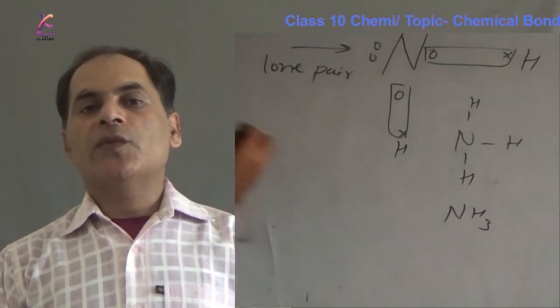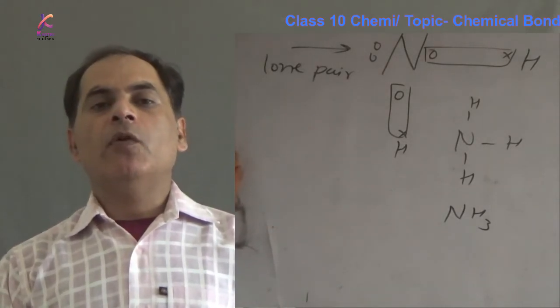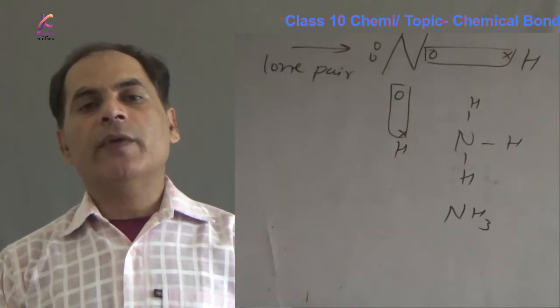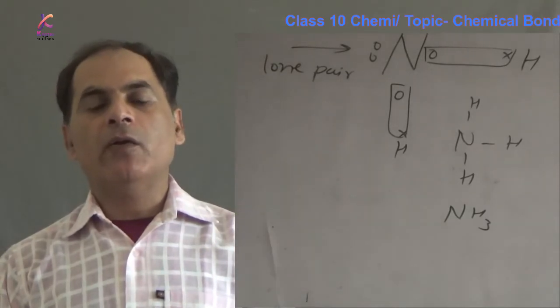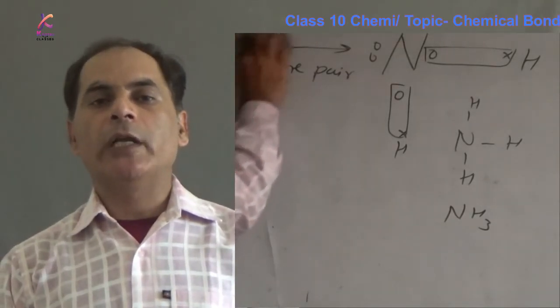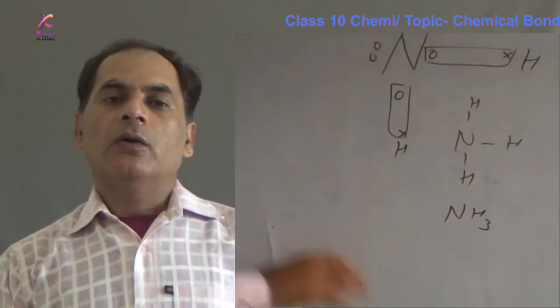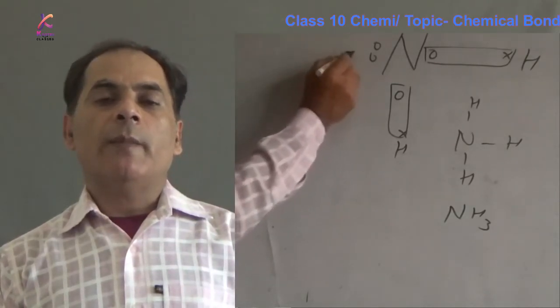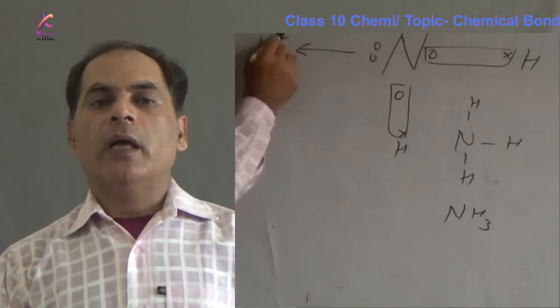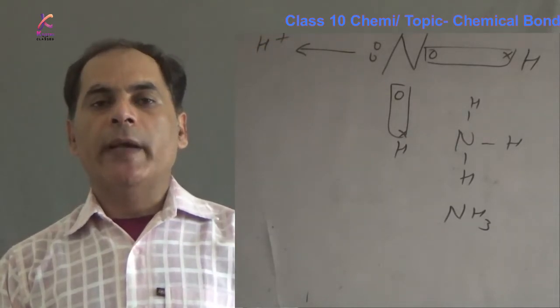If this kind of situation is present between 2 atoms, they will form a coordinate bond. Coordinate bond means that when the pair of electrons is given by one atom only in a molecule, that forms a coordinate bond. The examples of coordinate bonds are the ammonium ion and the hydronium ion.